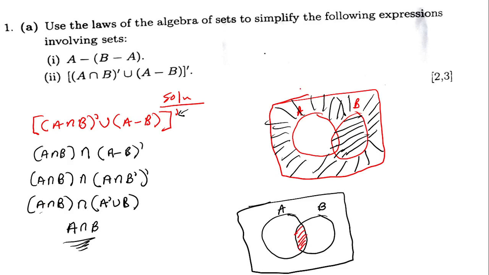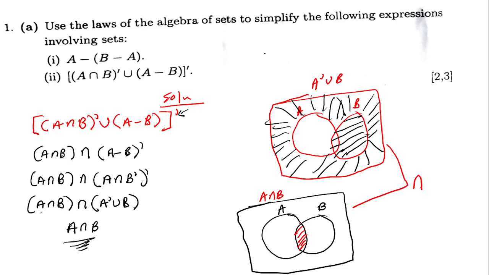So this is A complement union B and this is A intersection B. Then you have been asked that this one and that one should be what? Intersected.